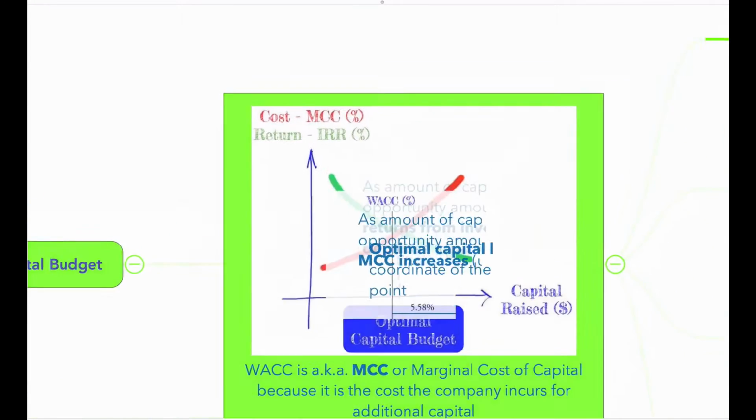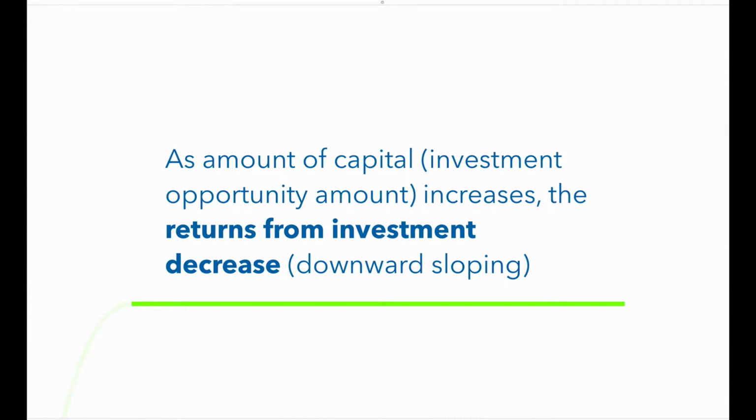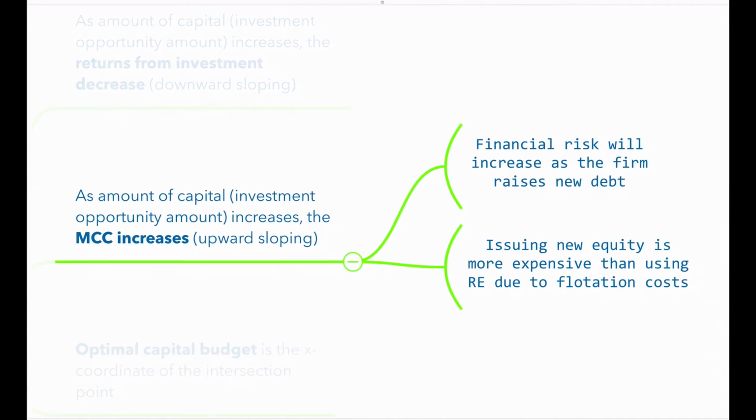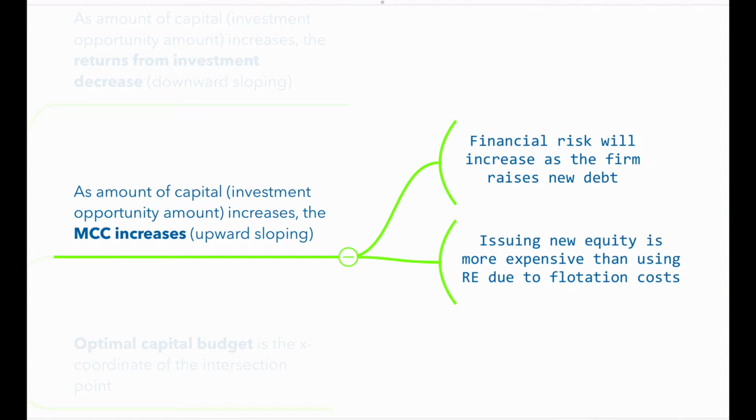Now, the intuition for the downward sloping green line is as the firm takes on more and more projects, the ability to execute each one to its fullest potential decreases given the limited resources of the company. As the firm tries to raise more and more capital, financial risk increases, which raises the cost of new debt.